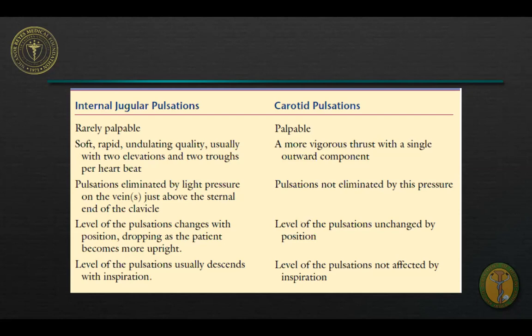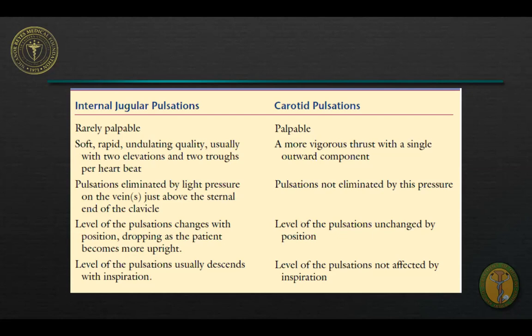Pulsations of the internal jugular vein are eliminated by light pressure on the vein just above the sternal end of the clavicle, while the carotid pulsation cannot be eliminated by this pressure. For the IJ pulsation, the level of the pulsation changes with position, dropping as the patient becomes more upright.